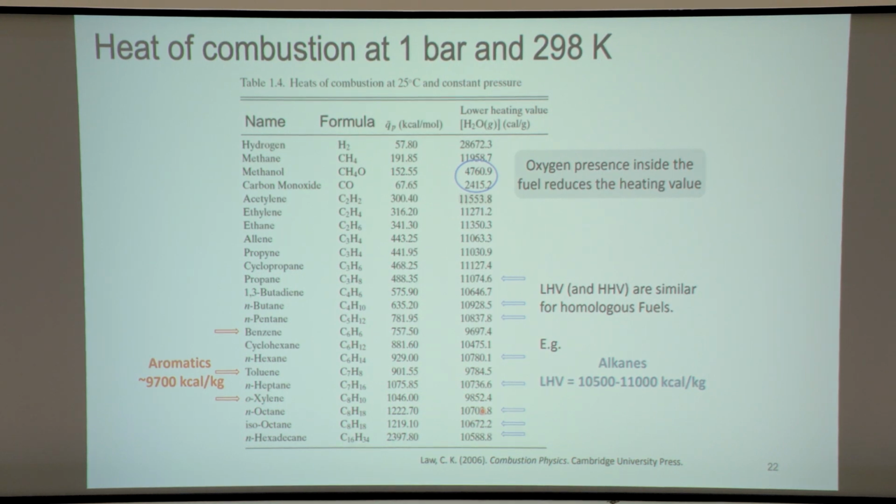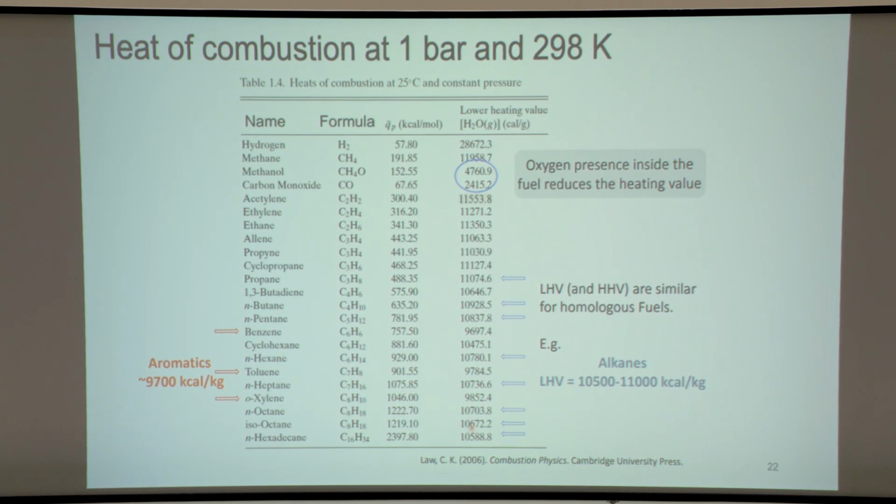Sorry, 10,700 calories per gram. In kilocalories per kilogram, closer to 9,700 for toluene and for xylene. And again, more alkanes are shown here, n-octane, isooctane, hexadecane, all pretty much the same.